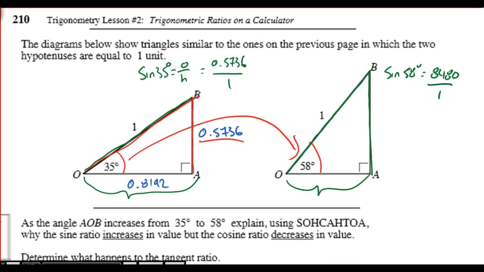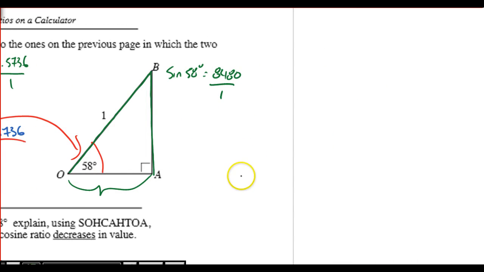Eventually, let me do another, even more extreme example. What if I had an angle that was really steep like this? It's going to be hard to draw this one, and there's my right angle there, and this was 1, that's the hypotenuse, and this angle was close to 90 as well, so let's say 85.